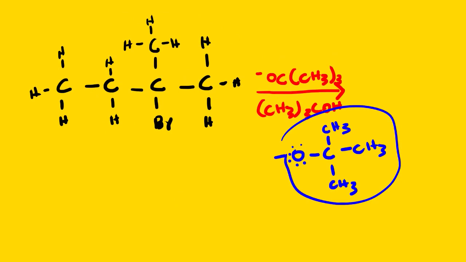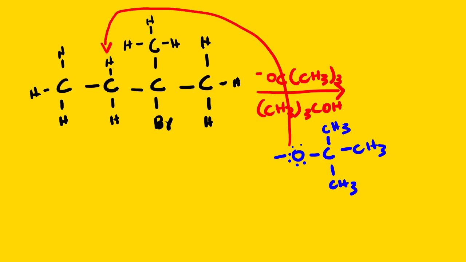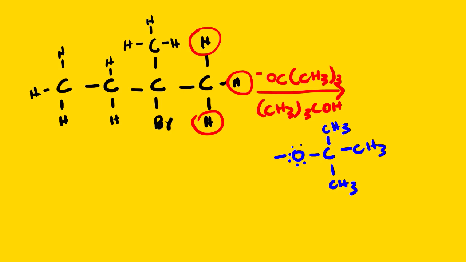So in this case, it will be very difficult for this big base to maneuver and go to the hydrogen of its choice. So what happens is that it will just go for the hydrogen which is close to it. So the target hydrogen can be these ones which are very close to it. So as the leaving group leaves, the bulky base will just deprotonate any hydrogen which is very close, and then we are going to have our bond here.